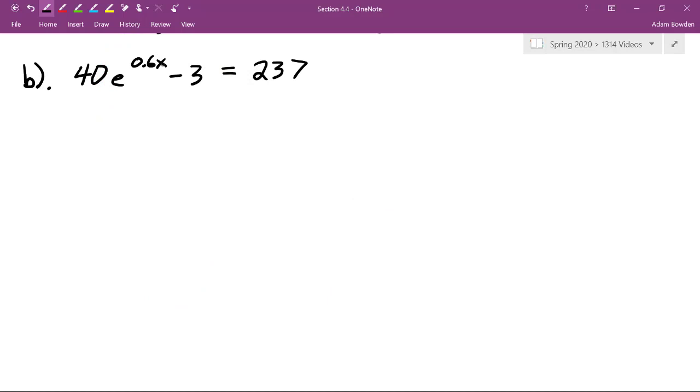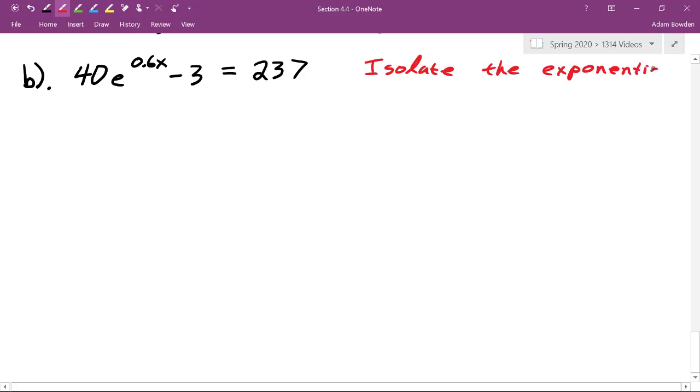So here's another situation to look at. 40e to the 0.6x minus 3 equals 237. The very first thing we want to do is isolate the exponential part. So the way we do that is we're first going to take the 3 and add that over.